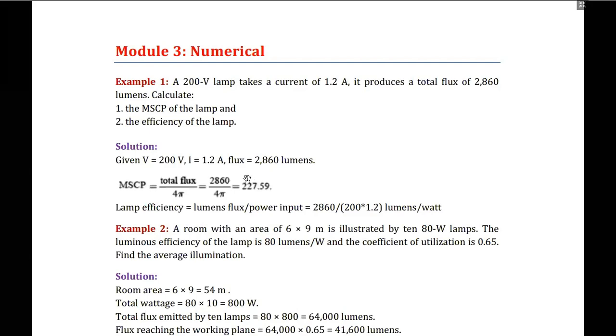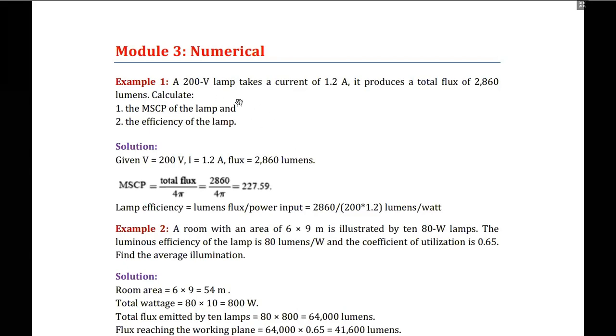And in order to find out the efficiency of the lamp, how you will calculate the efficiency? Efficiency is output by input. And what is output? The lumens, the total flux, which is illuminating from the light source, that is 2860, that is the output in terms of the lumen, divided by the input power. What is the input power?